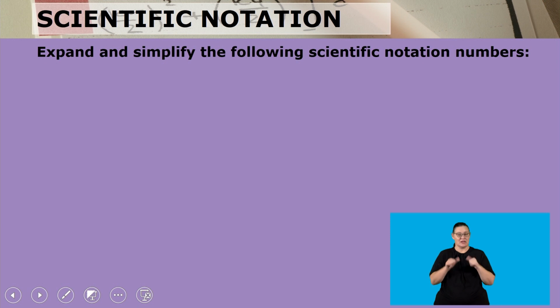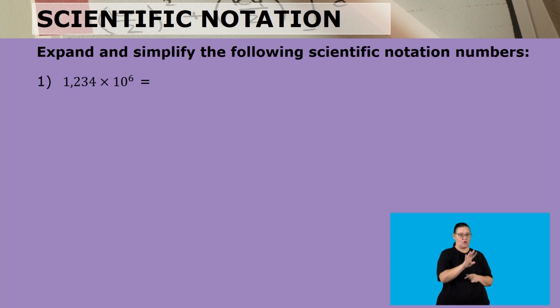Then let us expand and simplify the following scientific notation. So we have here 1,234 multiplied by 10 to the exponent 6. Now we have been given the scientific notation and we must now expand it.